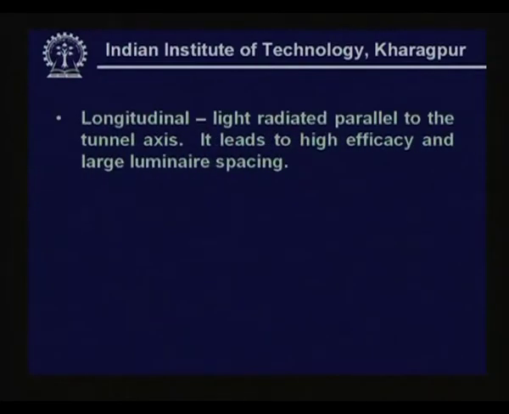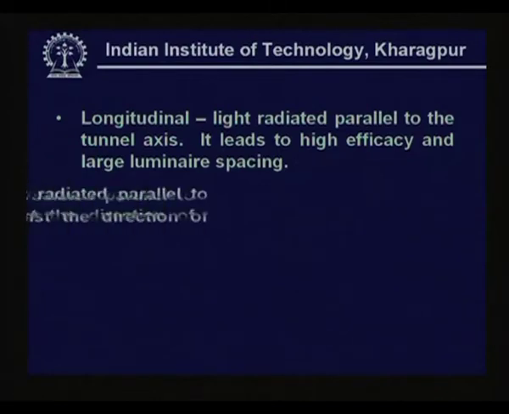As opposed to this, you have a longitudinal scheme. Light is radiated parallel to the tunnel axis. The advantage is, if you are using fluorescent lamps again, you are able to provide larger luminaire spacing, whereas if you put it transverse, the spacing between luminaires has to be shorter.